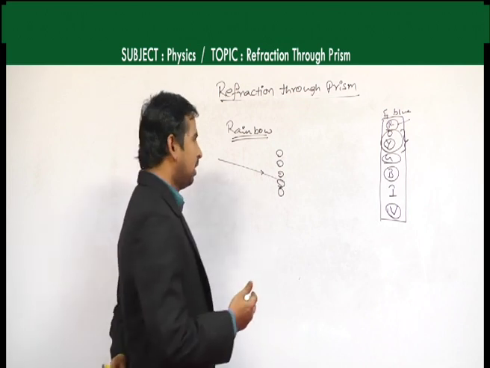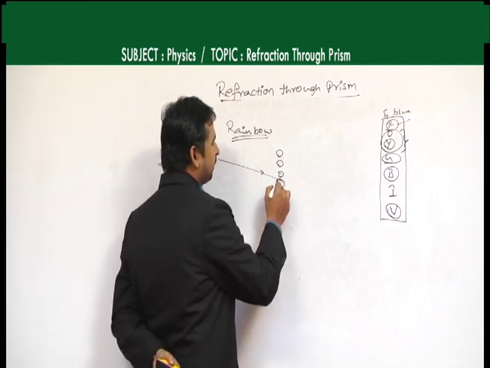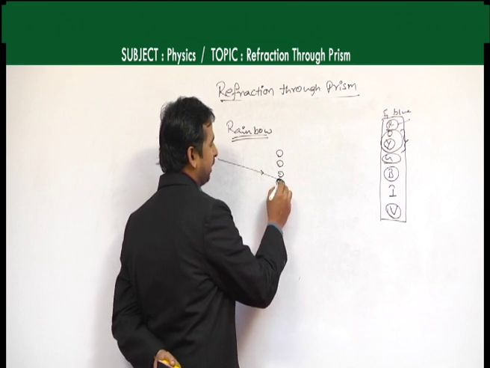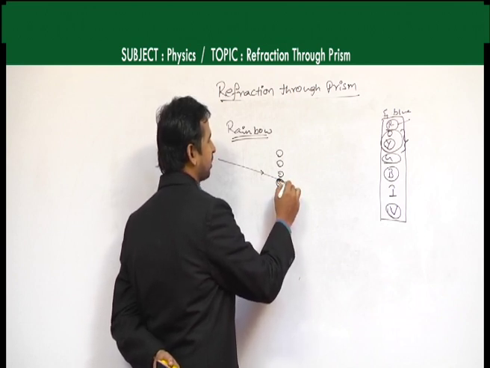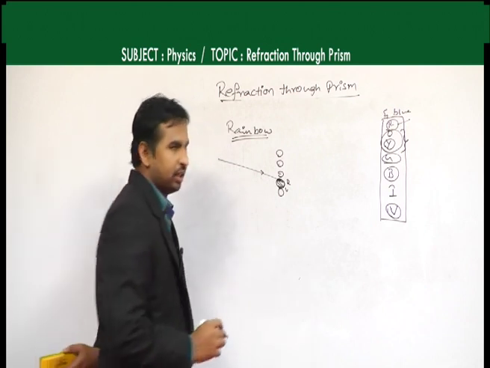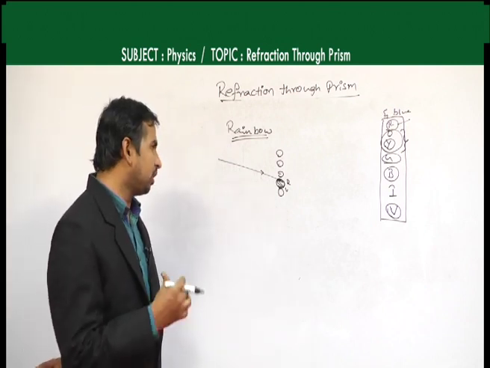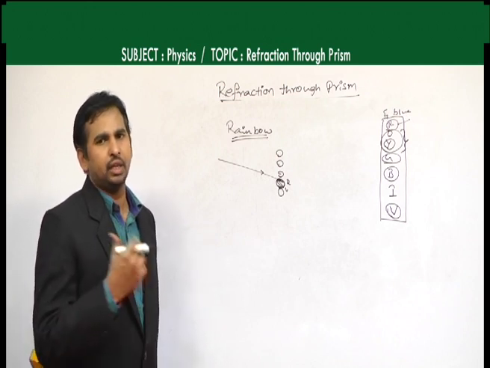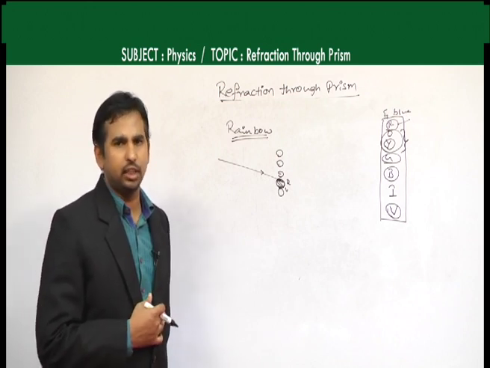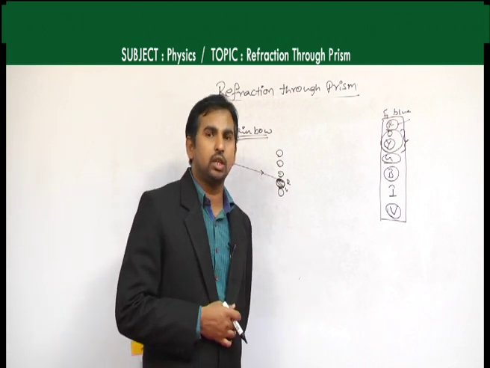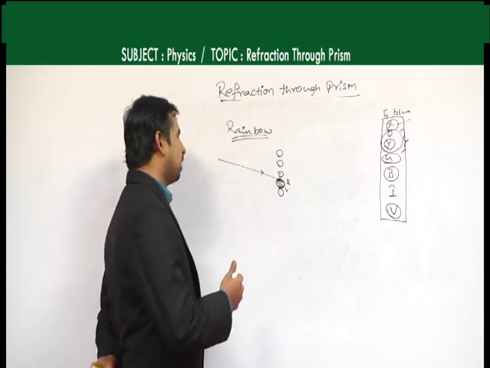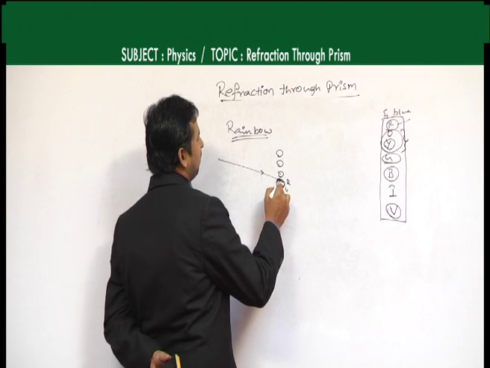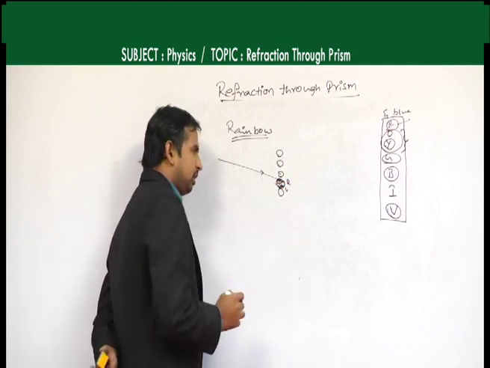After the refraction inside that water droplet, violet goes down and red comes up. But because of the higher refractive index, total internal reflection takes place, and the light ray now comes back into the same denser medium.